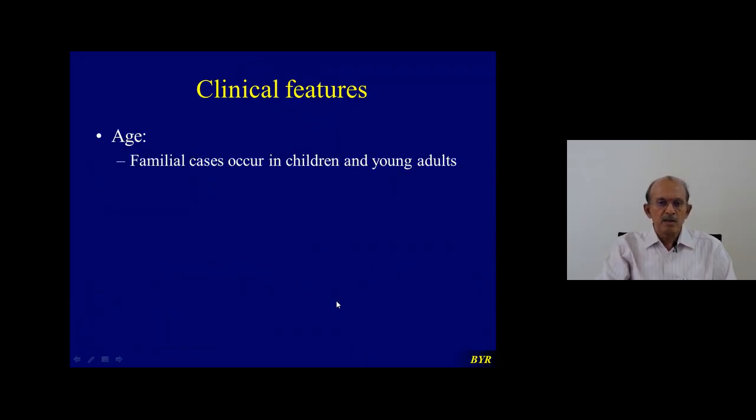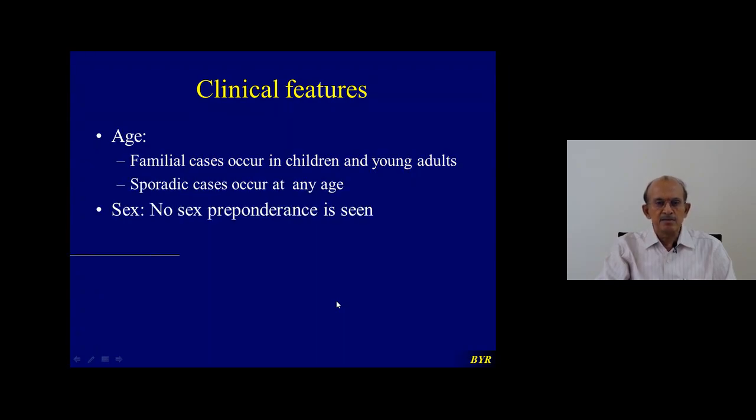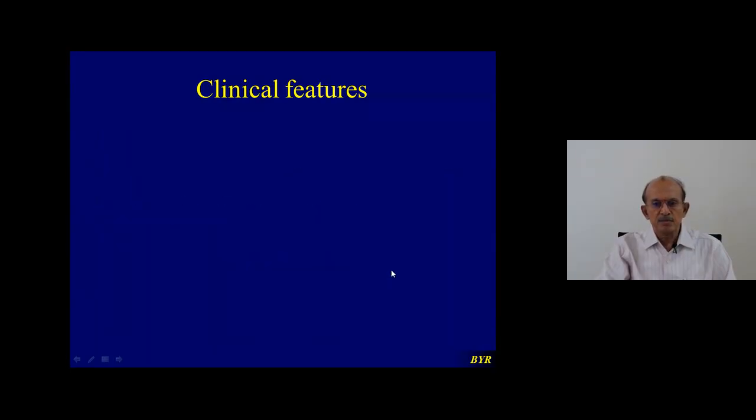Clinical features: familial cases occur in children and young adults. Sporadic cases occur at any age. There is no sexual preponderance. Clinical manifestations: there is a goiter with features of malignancy, that means induration, infiltration, and involvement of local lymph nodes as well as distant organs.